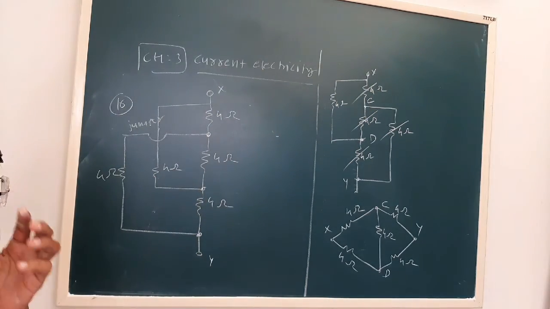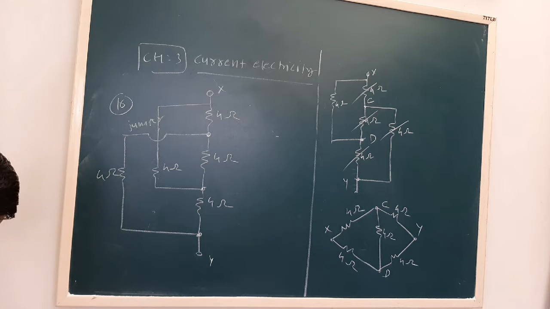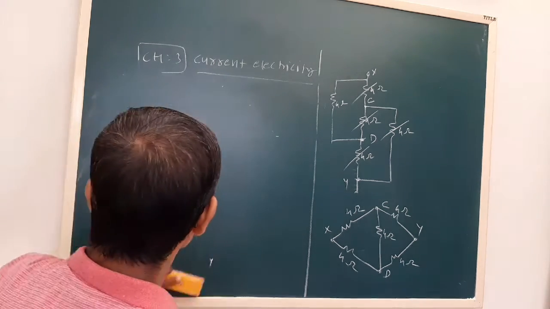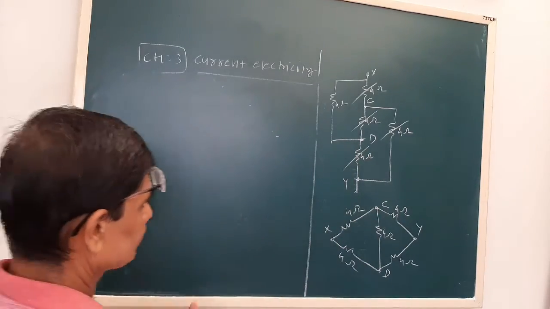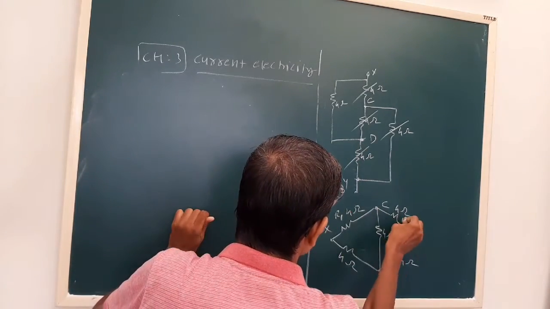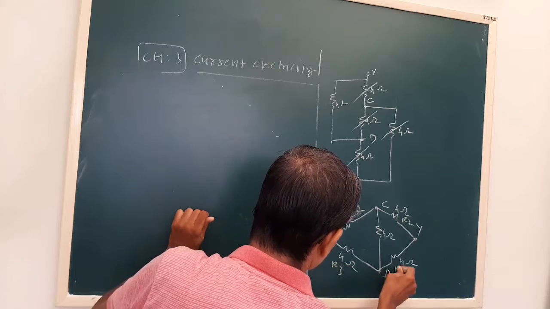So now we have to check whether it is a balanced Wheatstone bridge or not. Yes, it is a balanced Wheatstone bridge. Now we can see here, let us say R1 and R2, and this we term as R3 and R4.